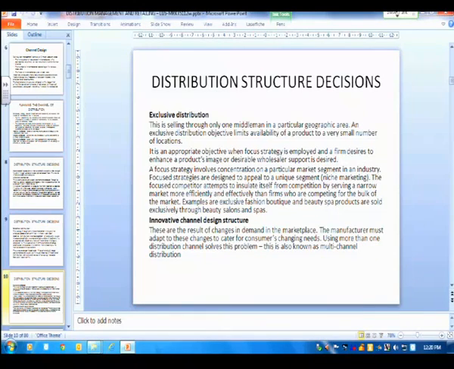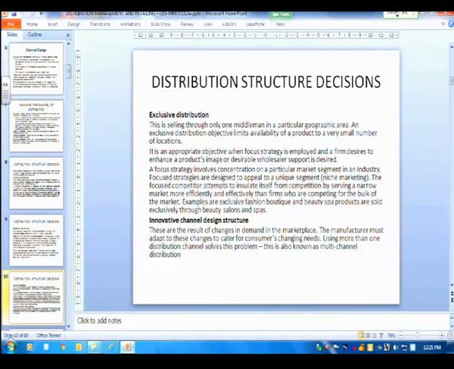Focused strategies are designed to appeal to a unique segment, commonly known as niche marketing. The focused competitor attempts to insulate itself from competition by serving a narrow market more efficiently and effectively than firms who are competing for the bulk of the market.